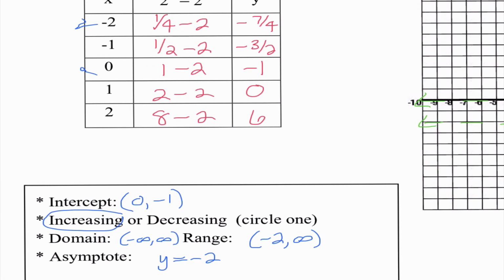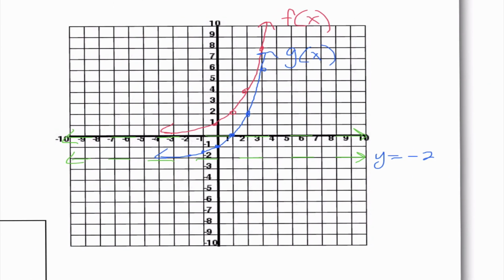And sorry for the marks there, my cat decided to walk over the screen. If I'm not sure that it's really y equals negative 2, I might want to try and substitute in some of these values and see if it ever crosses negative 2. And we would see in this case that it does not.